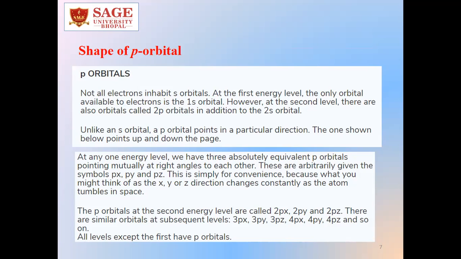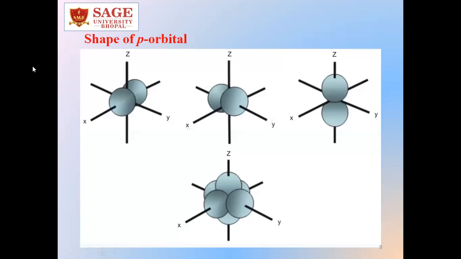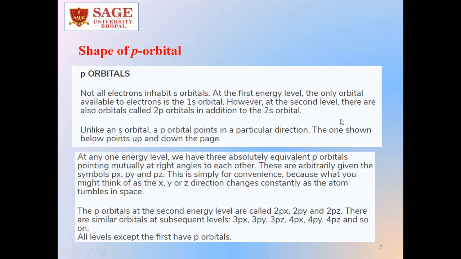Unlike an s orbital, a p orbital points in a particular direction. The shapes are dumbbell shaped. In the px orbital, the lobes are along the x-axis; for the py orbital, the lobes are along the y-axis; and for the pz orbital, the lobes are along the z-axis.